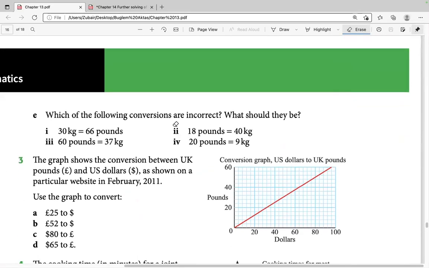Number three, the graph shows the conversion between UK pounds and US dollars as shown on a particular website in February 2011.